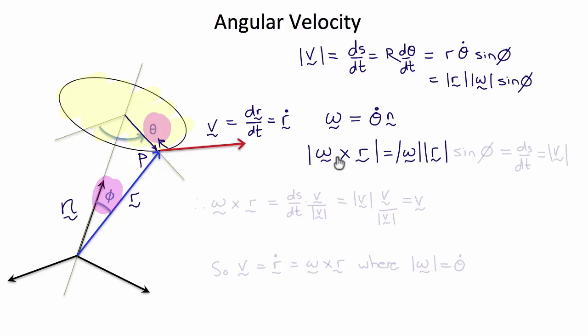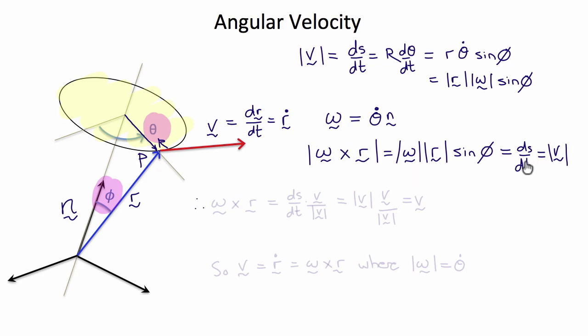Now, if we make the construction omega cross r and take its magnitude, then its magnitude would be the magnitude of omega times the magnitude of r times the sine of phi, which is ds/dt, which is the magnitude of v, as we found above.